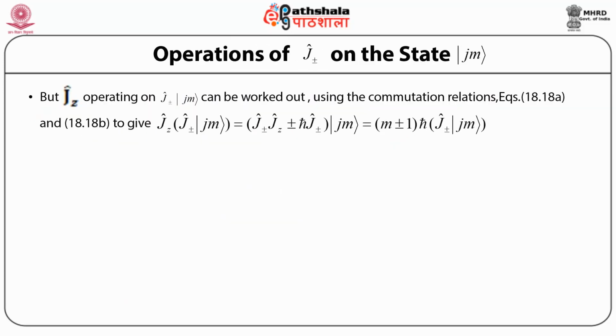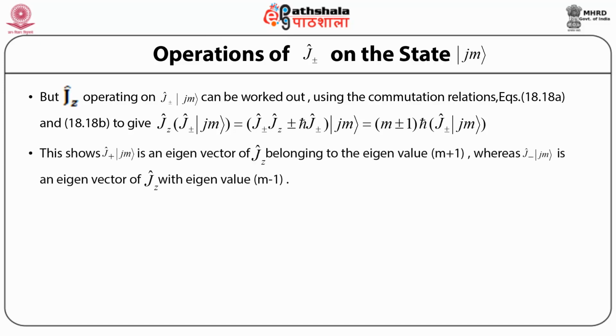But note that operator Jz operating on ladder operator J± ket |j m> can be worked out using the commutation relations described by equation 18a and 18b to give operator Jz acting on operator J± ket |j m> is equal to operator J± operator Jz ± ħ times operator J± acting on ket |j m>, which can be simplified to have (m ± 1) ħ operator J± acting on ket |j m>.